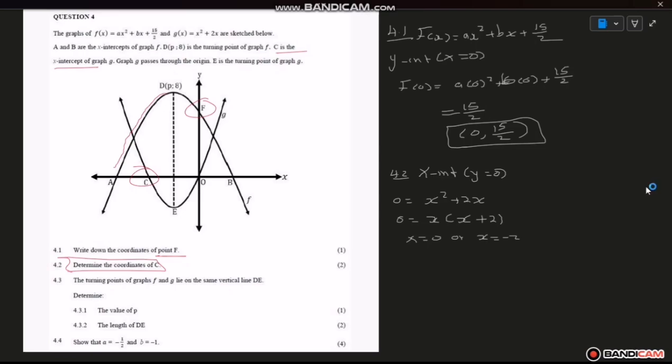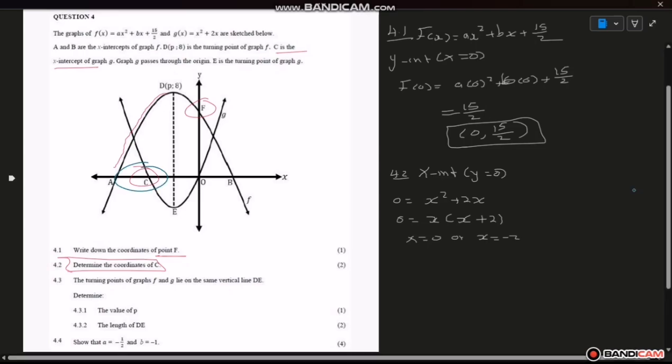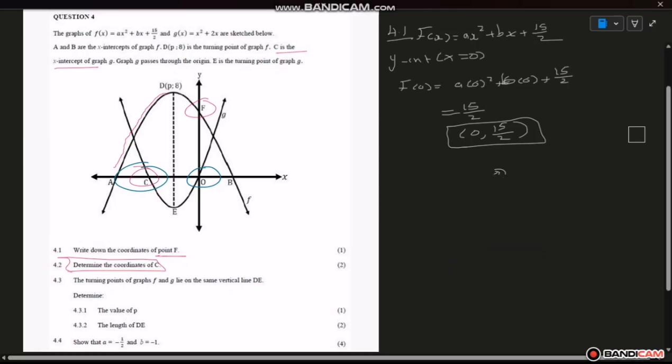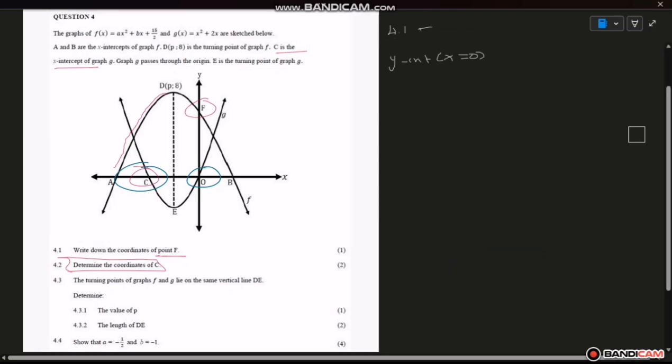You can see that C is on the negative x axis and O is the origin: (0, 0) or (-2, 0). So this is O and this is C. This is what they want us to solve as the coordinates of C. I hope you understand this, but the most important thing is that you must understand your statement and interpret your functions or your graphs.